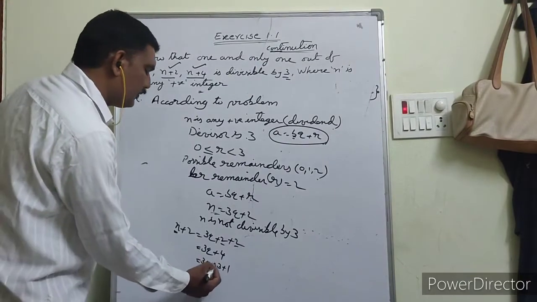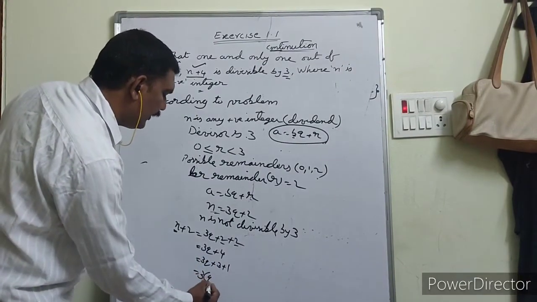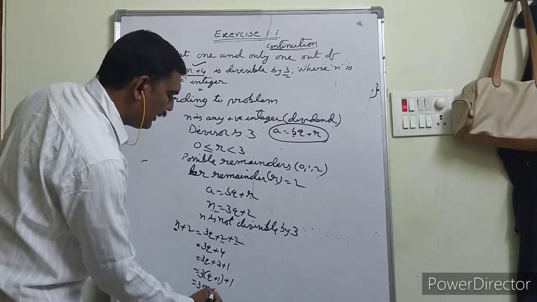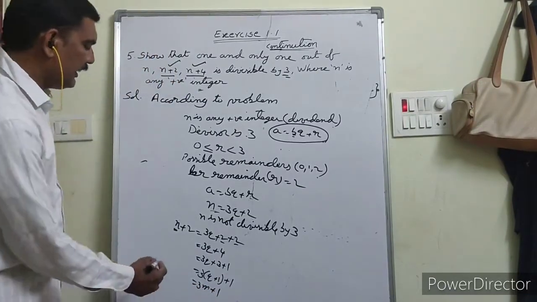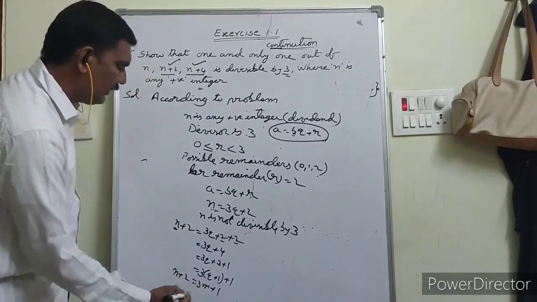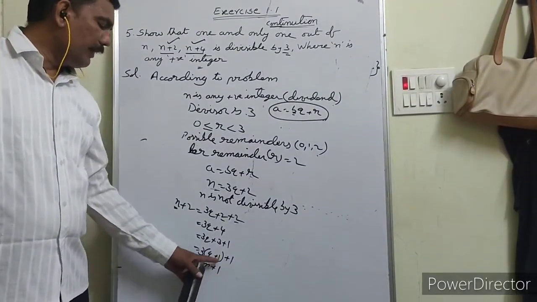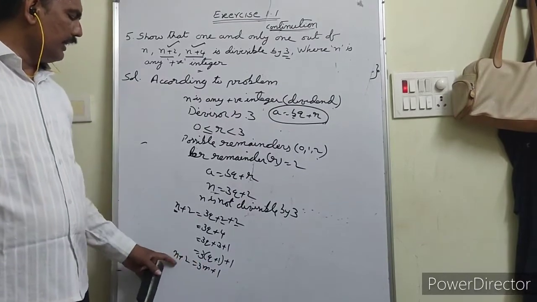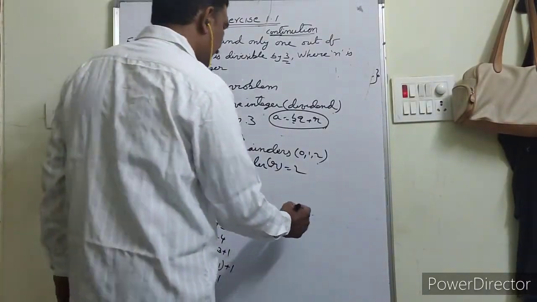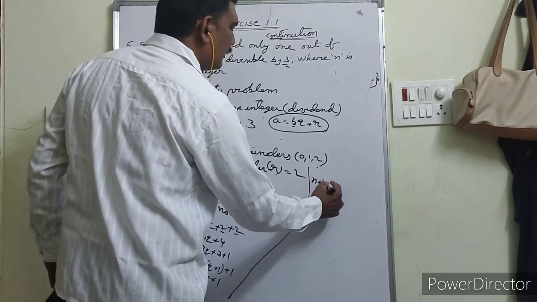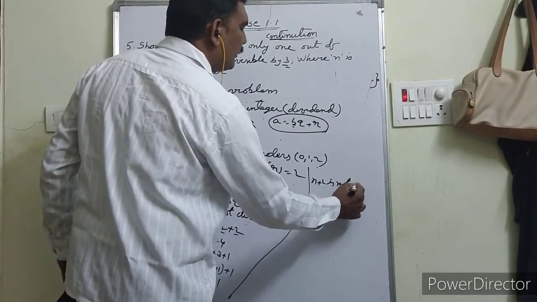In these, you can take 3 as common: 3 into (q plus 1), plus 1. That is 3m plus 1. As you are seeing, n plus 2 is equal to 3m plus 1. In place of remainder what do you have here? 1. So you did not get remainder 0. So n plus 2 is not divisible by 3.